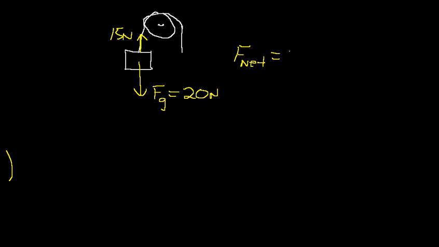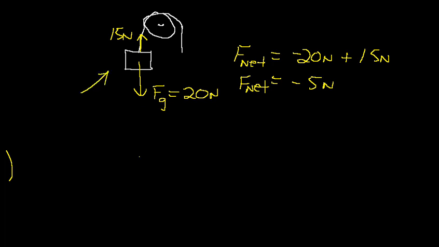Well, the net force, again, is the sum of all forces. In this case, we've got 20 downward, so negative 20 down, and we got an upward force of positive 15. So the net force is minus 5 newtons, or 5 newtons in the downward direction. So we just calculated the net force acting on that box.